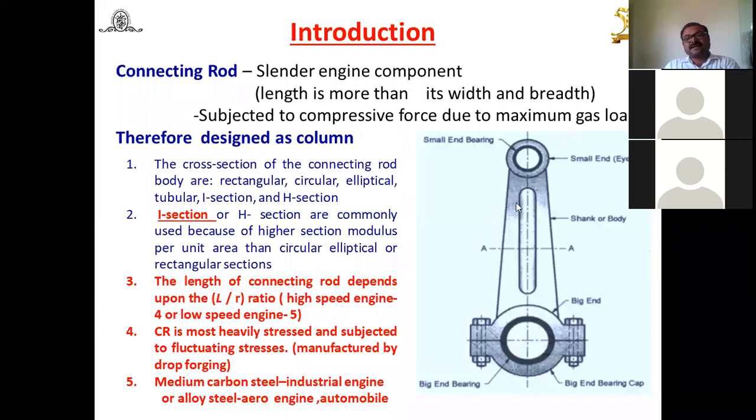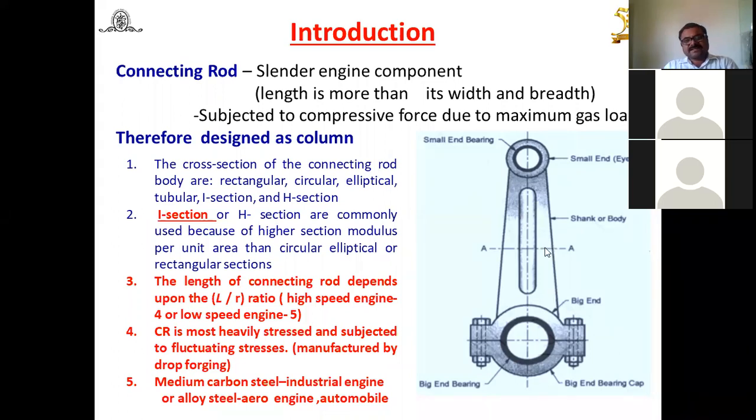Let us see. Again here, please give attention here. You will find the cross section, which means that at this section you can cut at AA or anywhere. You will find the cross section of the connecting rod is generally rectangular, circular, elliptical, I section or H section. But this part is subjected to fluctuating load.